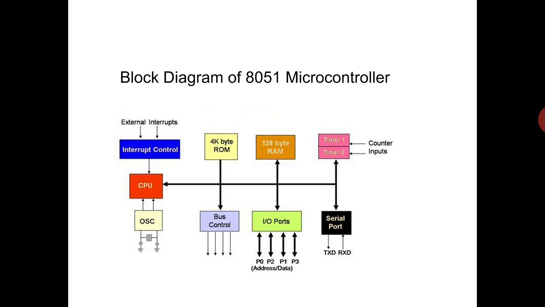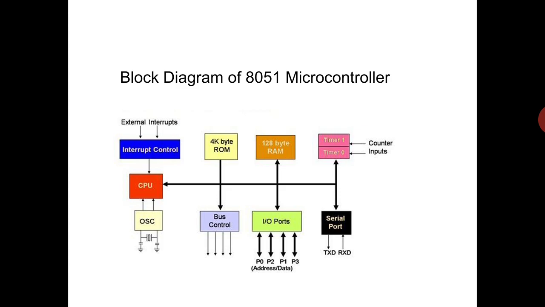Next are the input output ports. There are 4 parallel input output ports, each capable of handling 8-bit data. Hence 32 pins of 8051 are devoted to transferring data in parallel. These ports are referred to as P0, P1, P2, P3.